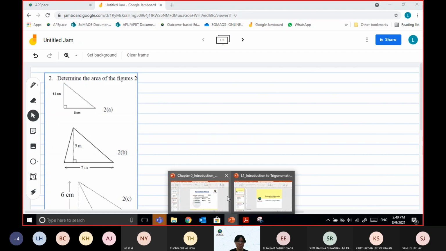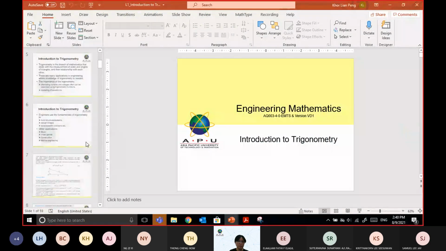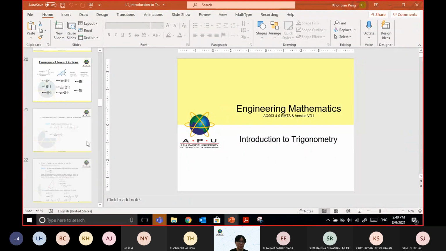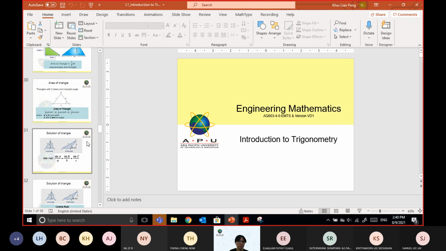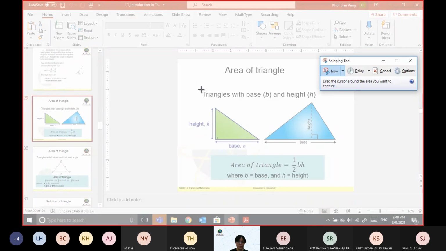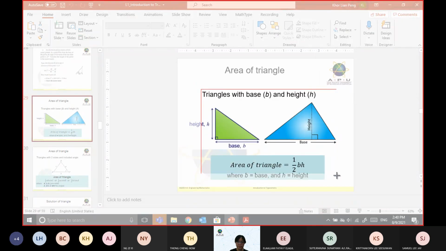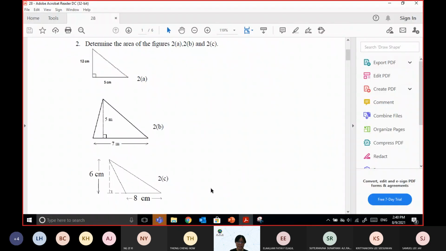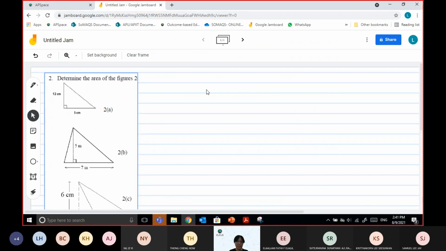Remember when it comes to the area, what is the formula that we used? Just for your recap, we have gone through this, right? This is what we discussed during the last class.